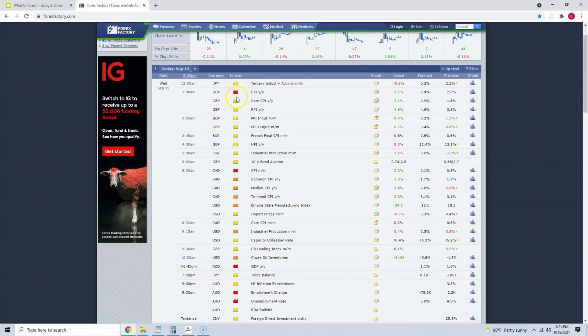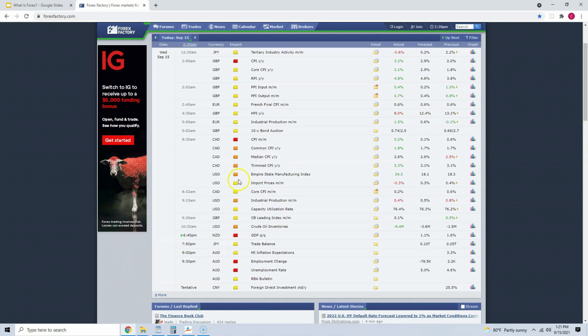What you want to focus on is red folder news. You've got your times, your folder colors. You've got the yellow folders, red folders, orange, and then if it's a holiday or something like that, then the folders will be grayed out. But mainly what you want to focus on is just the red folders. That's really all that I care about when I come to Forex Factory.